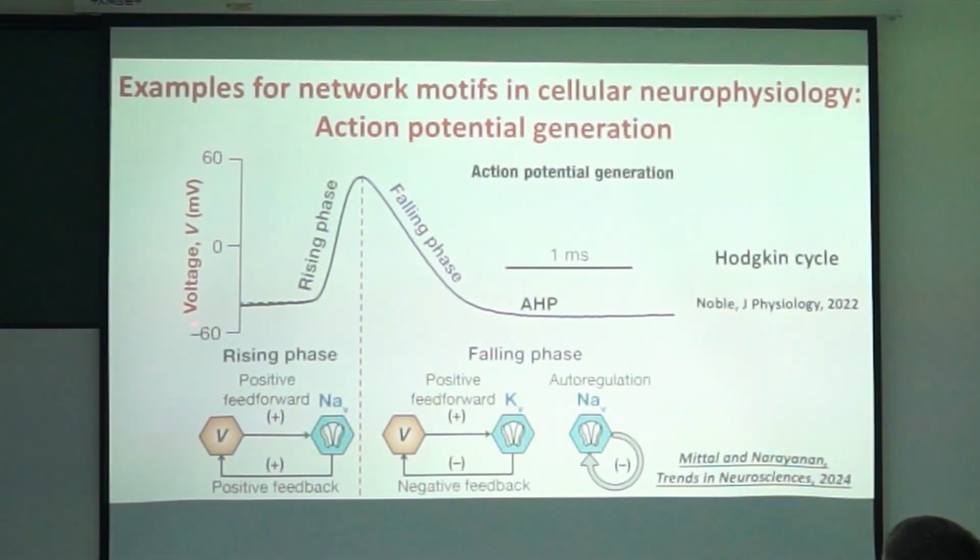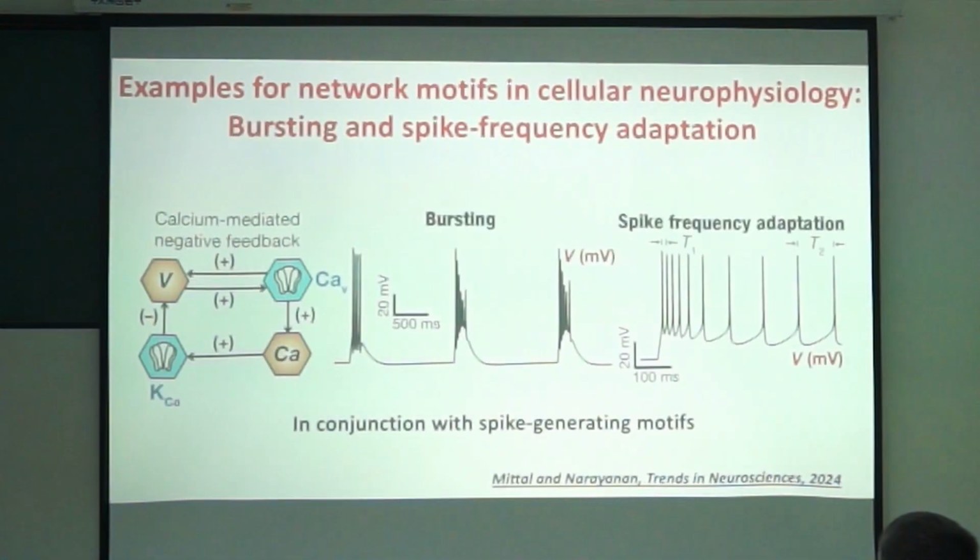But you could think of this as two different motifs interacting with each other. Denis Noble has been talking about this cross-scale interaction, and he calls it the Hodgkin cycle, and uses it elaborately for talking about how that's a fundamental thing across all of biology.